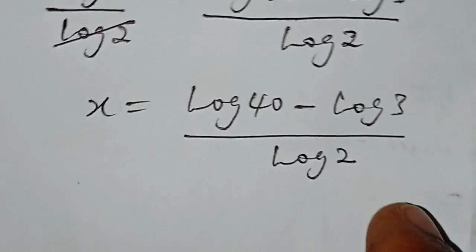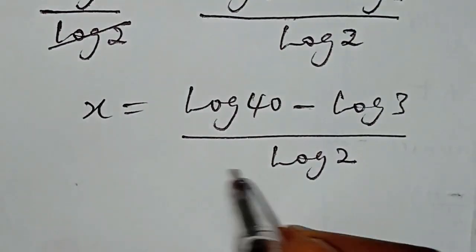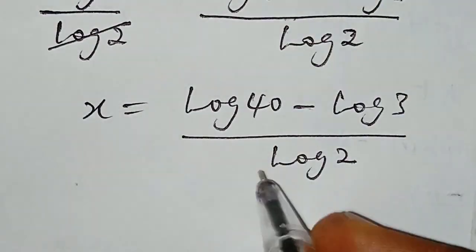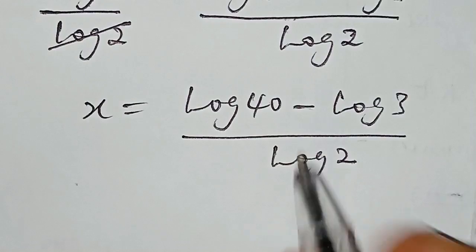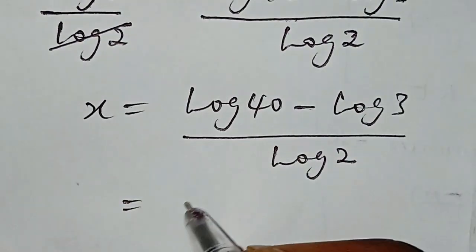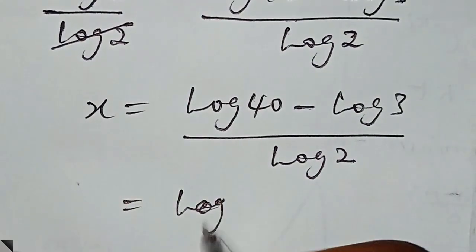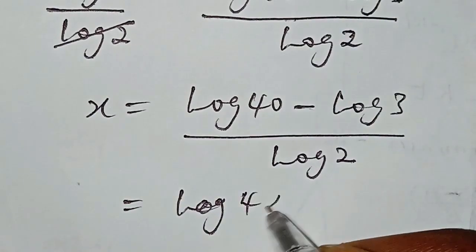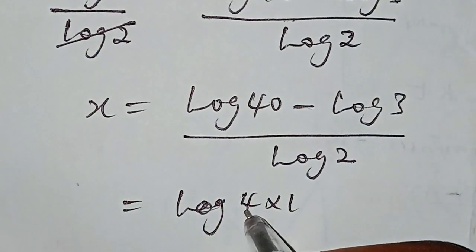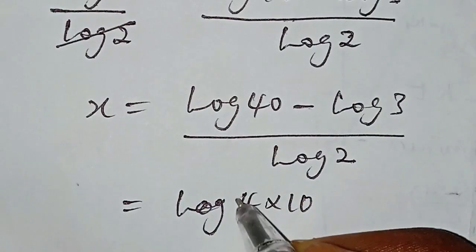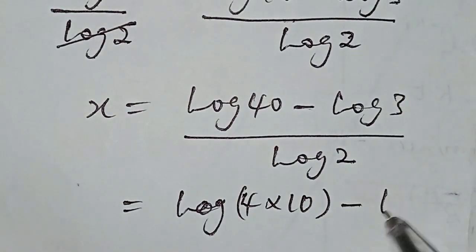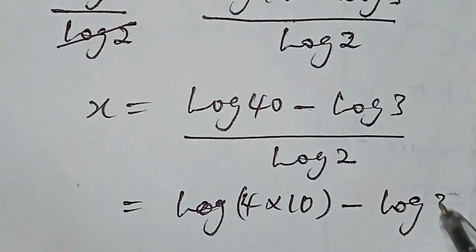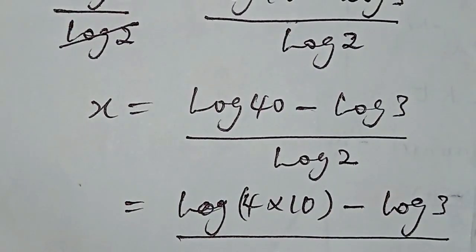So from here, the next thing we need to do is to simplify the log of 40. So we have log of 40 can be simplified as log of 4 multiplied by 10, minus log of 3 over log of 2.